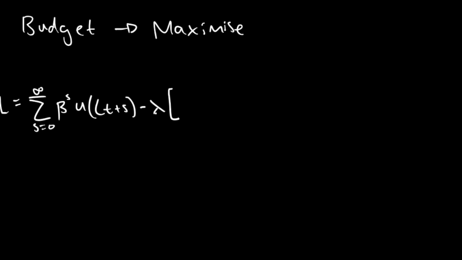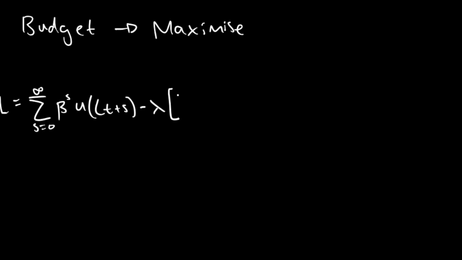Now our Lagrangian will have lambda in it. If you're not too sure what a Lagrangian is, I won't have the time in this video to go over using a Lagrangian to solve constrained optimization problems, but a quick video or a Google search will get you up to scratch on what exactly I'm doing here.